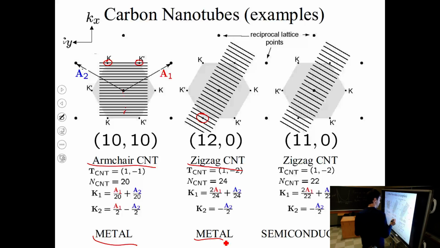This is some kind of a different zigzag tube with 11, 0. So this is 12, 0. This is 11, 0. So both are zigzag, but slightly different rolling vector length. And in this case, you actually don't hit any K points. So in the zigzag case, you can be a metal or a semiconductor.